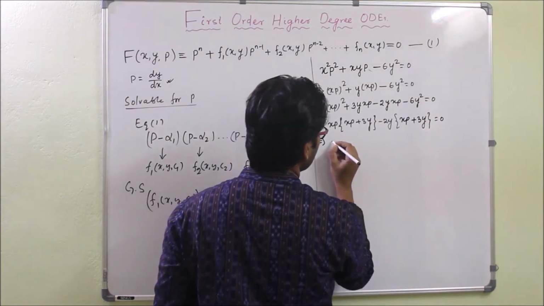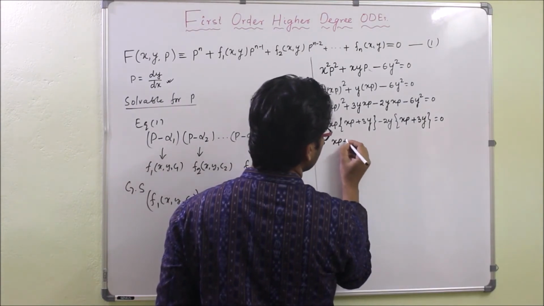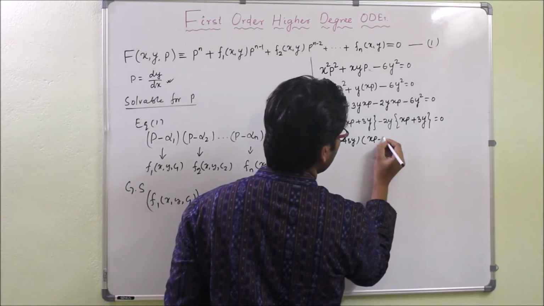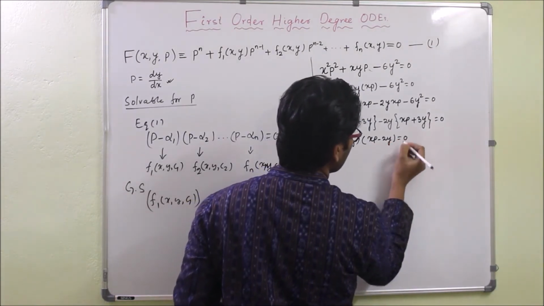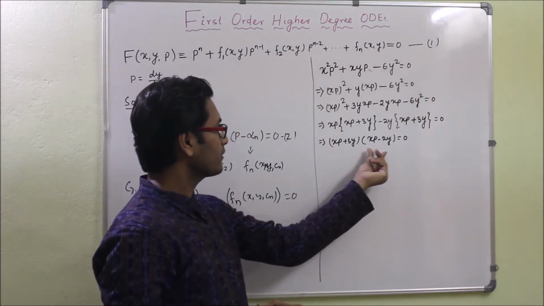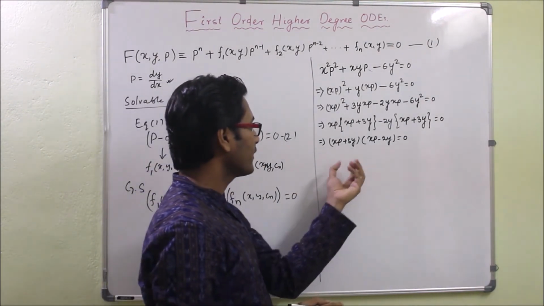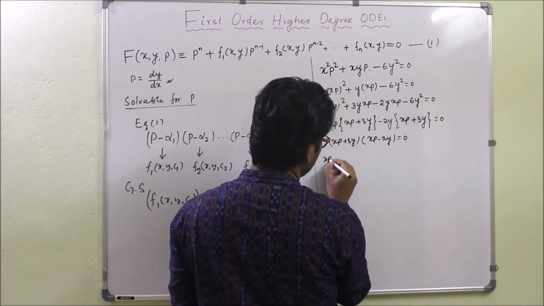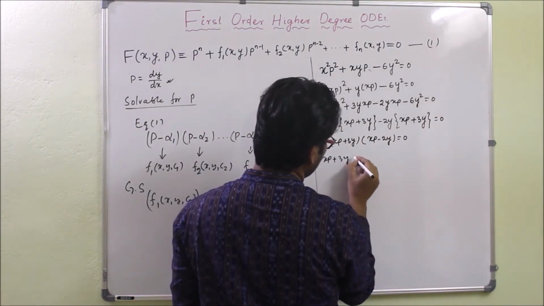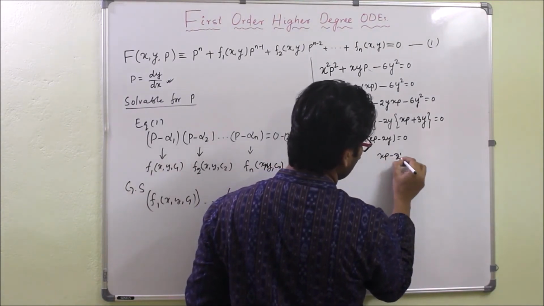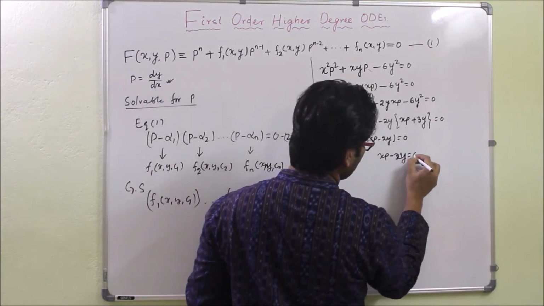So the factors are xp plus 3y and xp minus 2y. Then what to do? We have to see the first factor and second factor. We have to solve those factors and find out the solution. So how to find? So xp plus 3y equal to 0, xp minus 2y equal to 0.